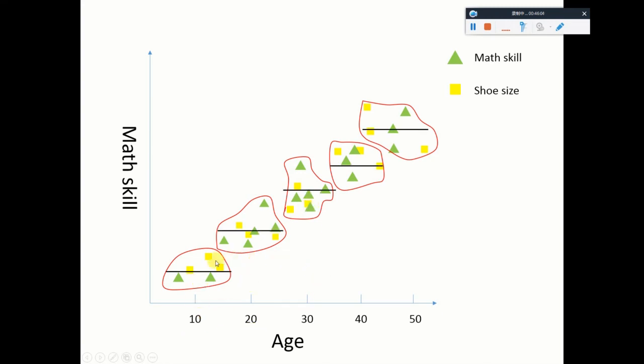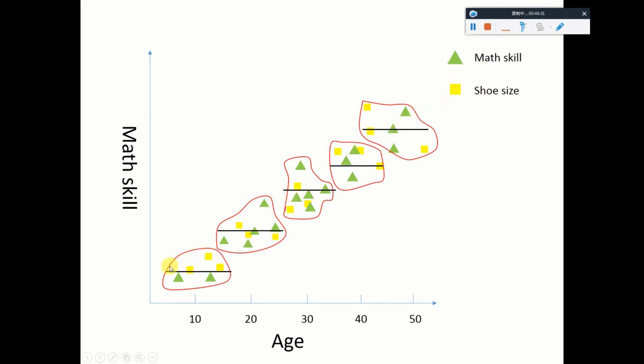So roughly, for illustration purposes, it turns out that despite the overall trend of positive correlation, if we ignore the groupings and only focus on the overall trend, it does appear that there's a positive correlation between math skill and shoe size.